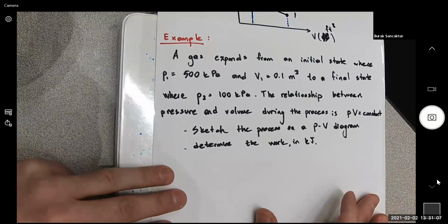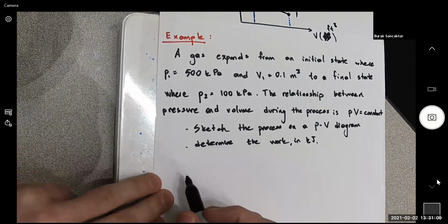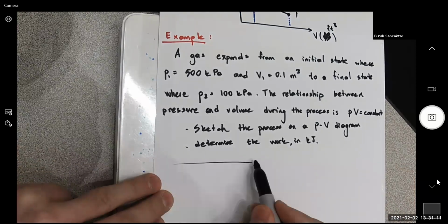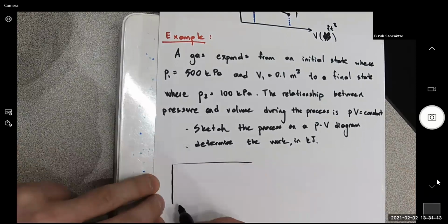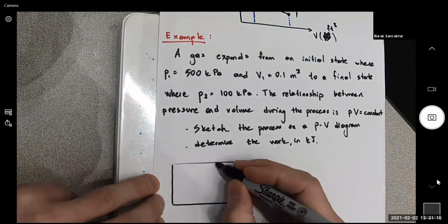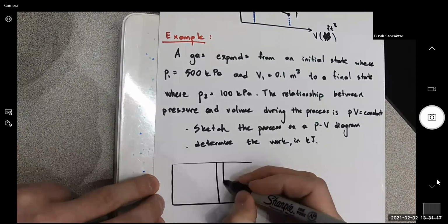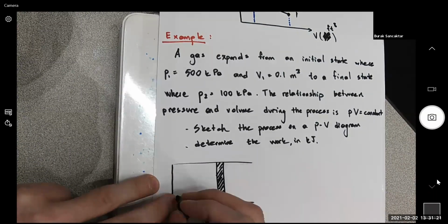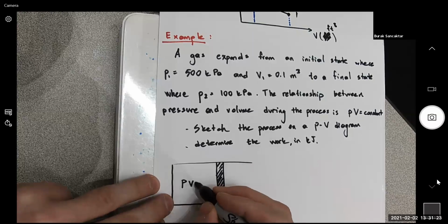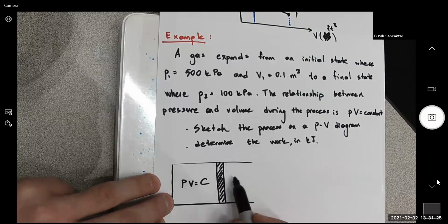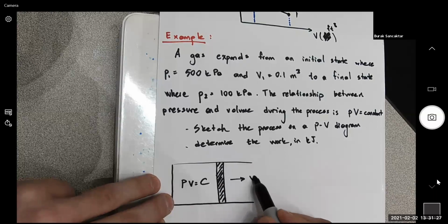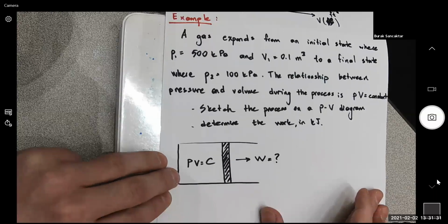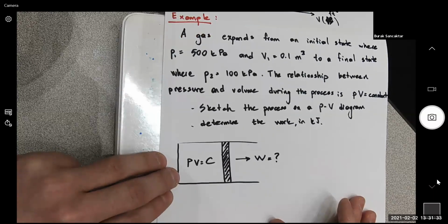Okay. Can we have a closed system? The constant design as expansion, and we will calculate work.